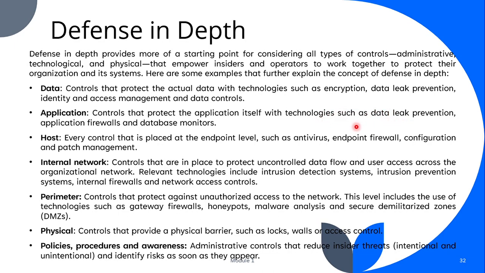So you can install your data leak prevention again, and then you can have an application firewall and database monitor, right? If you have an application firewall, you can decide which application to run on which system. So if you have set an application not to run on a certain system, the user on that particular system will not be able to use that application, for example.